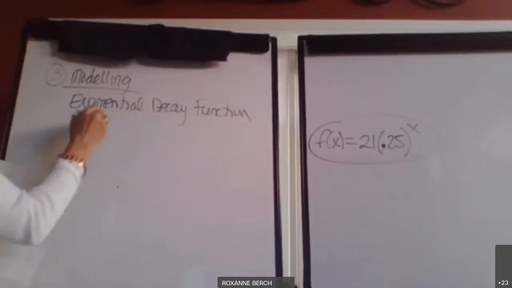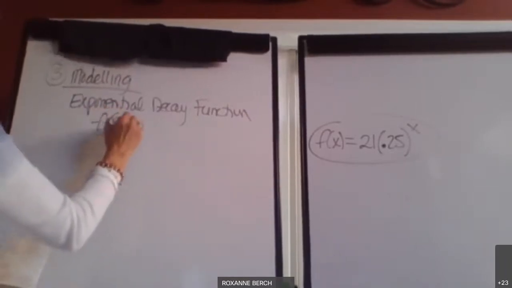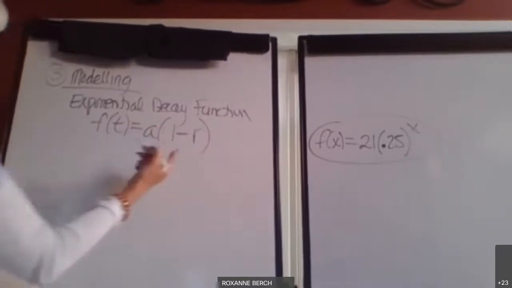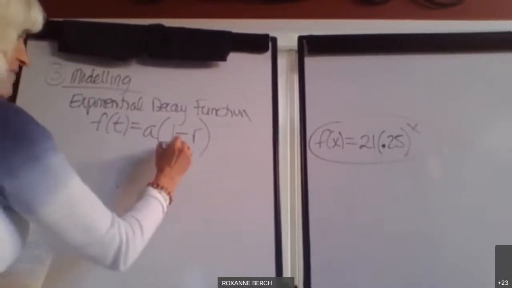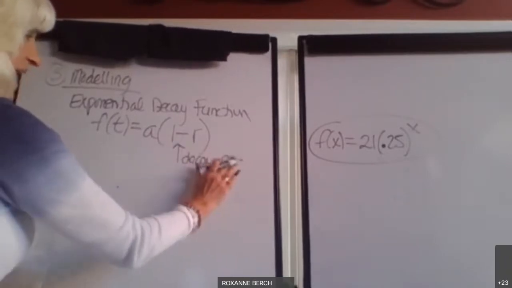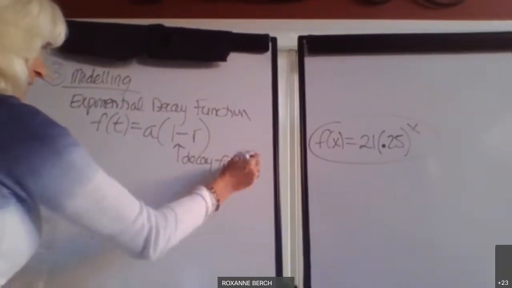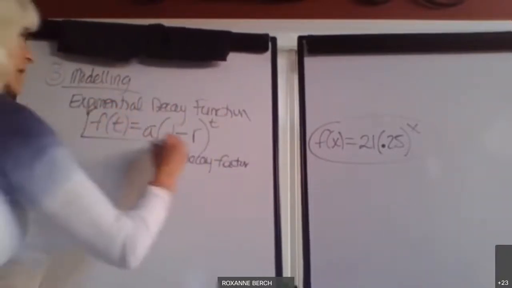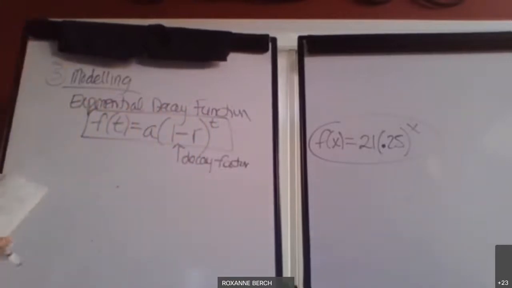And it looks like the exponential growth. f of t is a times 1 minus r. So now this is the decay factor, that whole thing. r is the decay rate. 1 minus r is the decay factor to the t power. And I'll just write this over here.